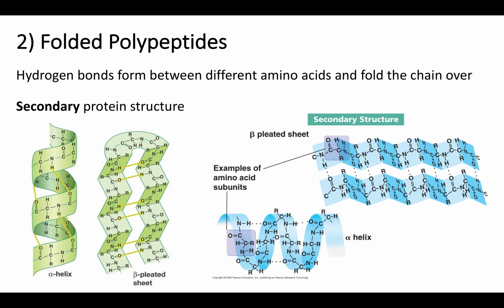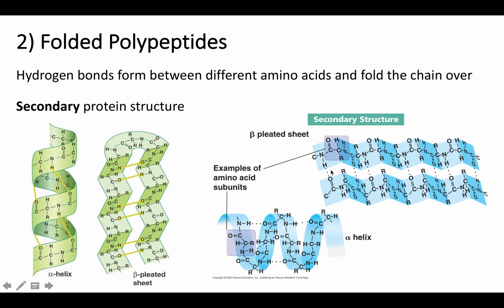Hydrogen bonds are their own unique type of bond. It's not ionic, it's not covalent, it's a hydrogen bond. We didn't really talk about it in class. It's a weak bond, and it's basically just the attraction between the slightly negative oxygen and a slightly positive hydrogen. That's why it's drawn as dotted lines, because it's not as strong as these covalent bonds.